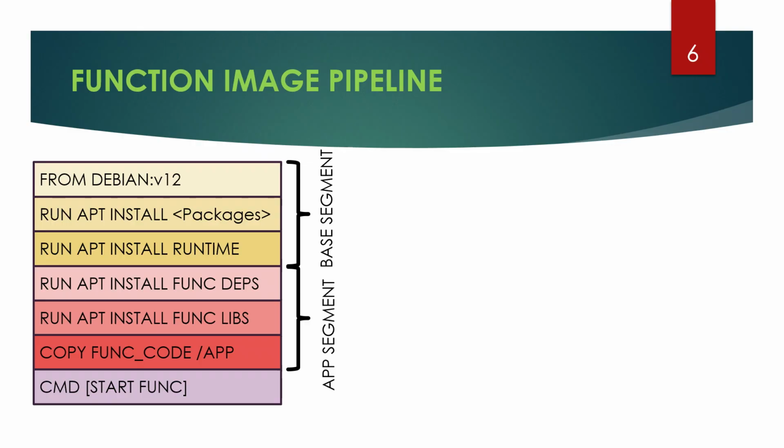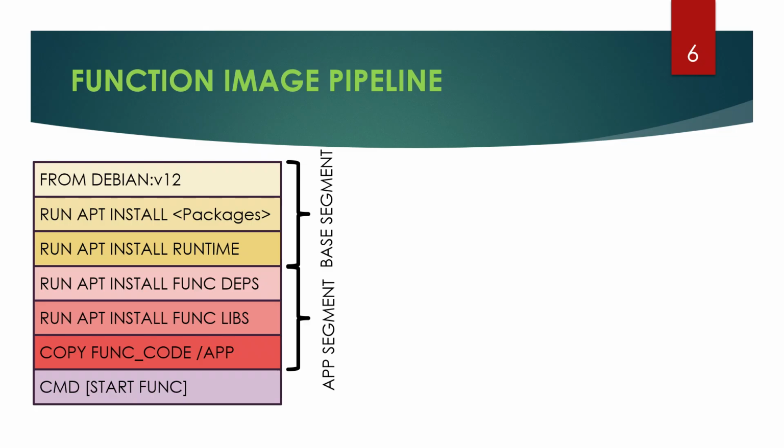Before discussing the motivation, let us first understand what a function image looks like. In Docker, an image is organized as a stack of layers where each layer contains a portion of the disk image. These layers can be broadly divided into two categories, the base segment and the app segment. The base segment includes the files related to the operating system, runtime, and necessary packages.